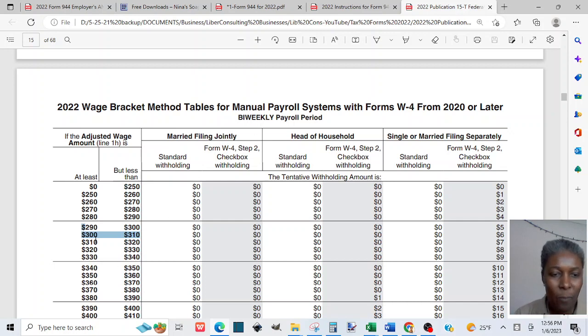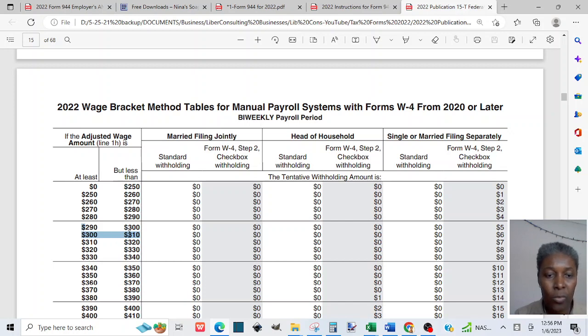Bi-weekly, if you are paying yourself $300, you need to find the bracket. The bracket has to be at least $300 but less than whatever the next column is, 310. So you fall under the bracket that I selected, not the bracket above.